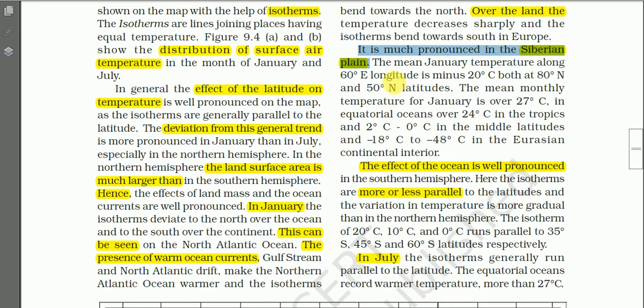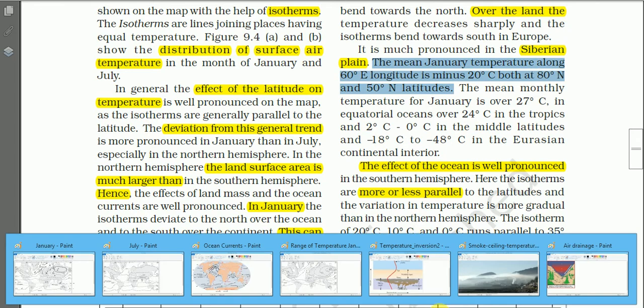The mean January temperature along the 60° east longitude is minus 20° Celsius both at 80° north and 50° north latitudes. Okay, along this 60°.